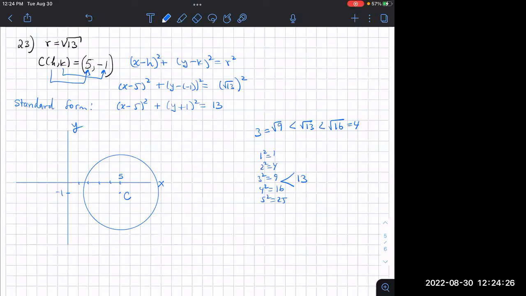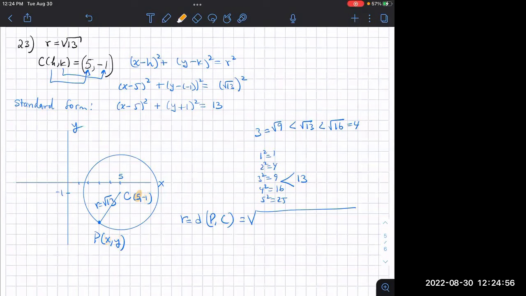So then the center is 5, negative 1, right? And if this point is on the circle with coordinates x comma y, then the distance between P and C is the radius, which is square root of 13. So use the distance formula: the square root of the difference in the x components squared and the difference in the y components squared.